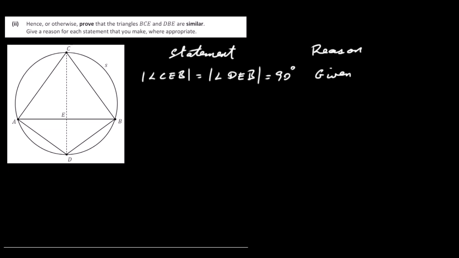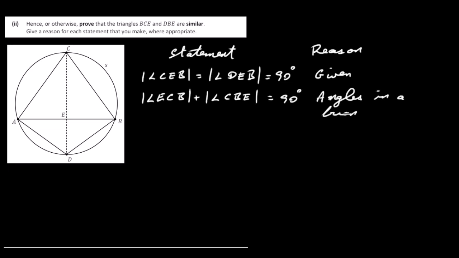Okay, so the next thing we're going to say is that the size of the angle ECB plus the size of the angle CBE is equal to 90 degrees. Why? Because they're angles in a triangle add up to 180 degrees.